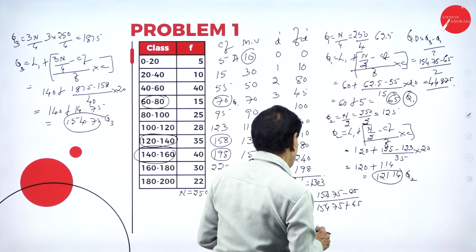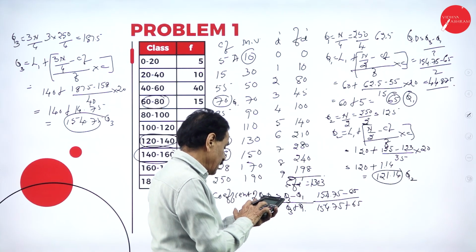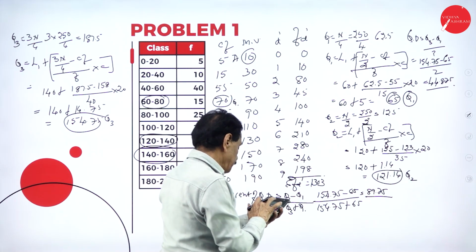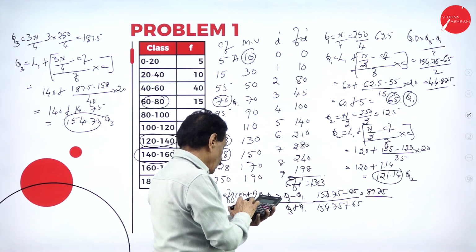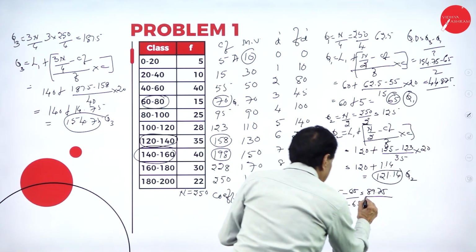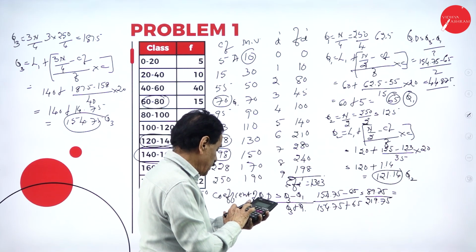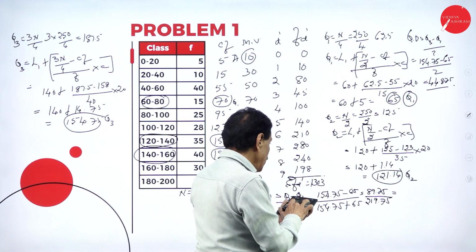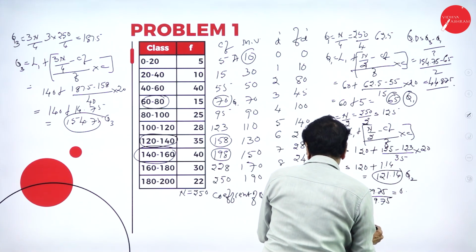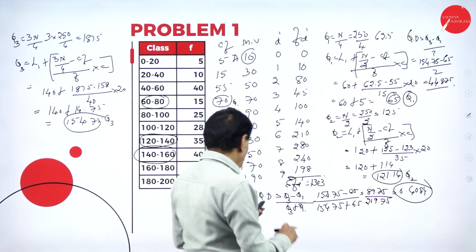Deducting, 154.75 minus 65 is 89.75, divided by 154.75 plus 65, which is 219.75. 89.75 divided by 219.75 is 0.4084. This is the coefficient.